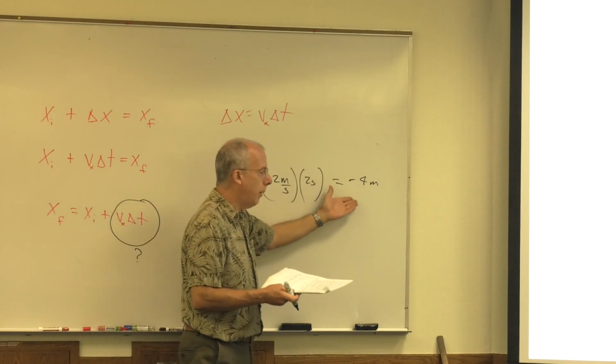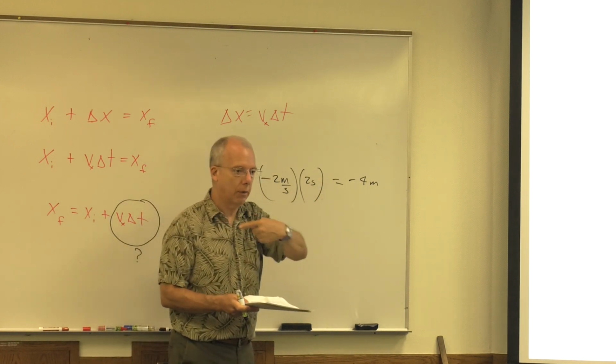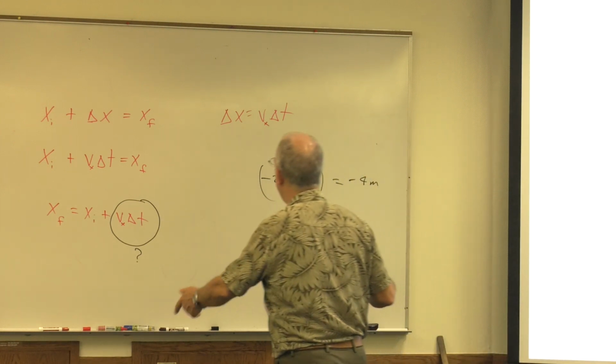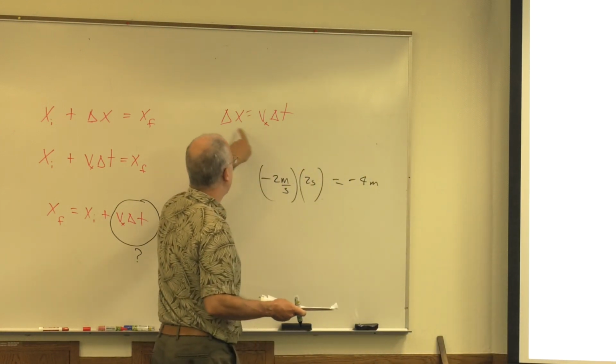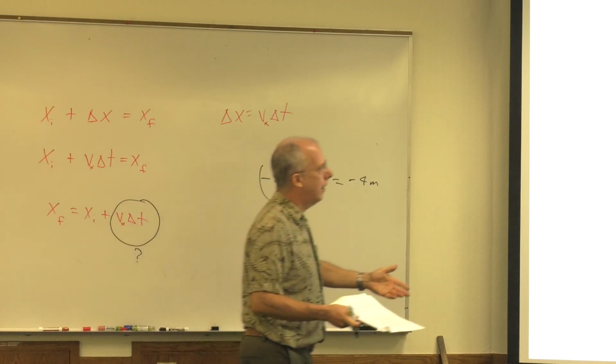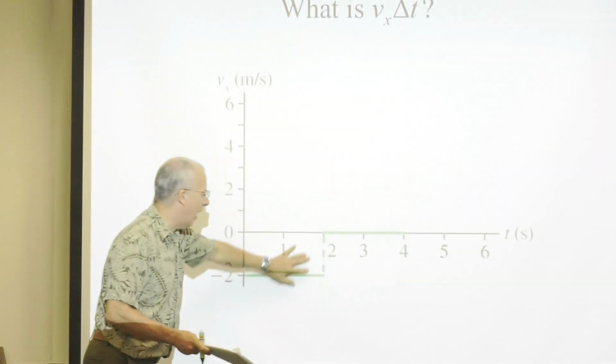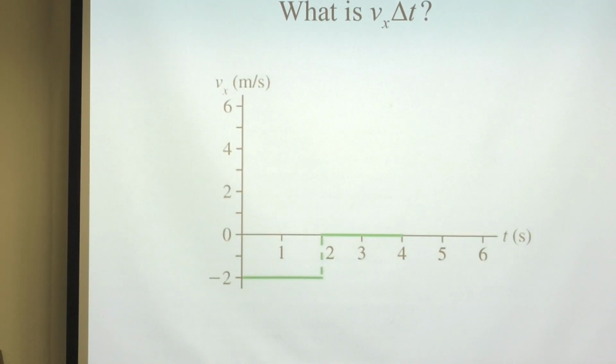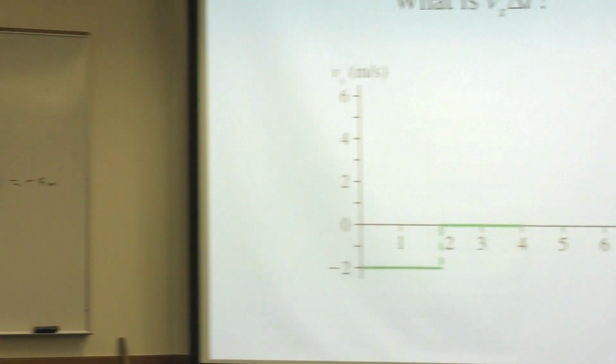It went minus 4 meters, so it went 4 meters in the negative direction. We already knew that: v delta t is delta x. All I'm saying is that when you have a velocity versus time graph, this v delta t is the area under the curve.